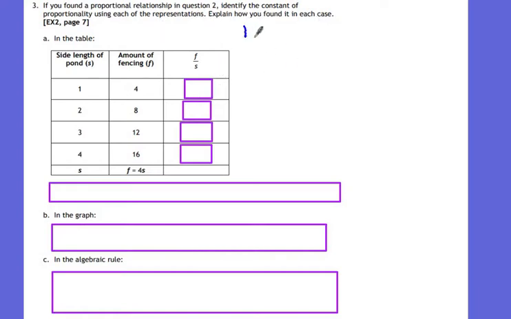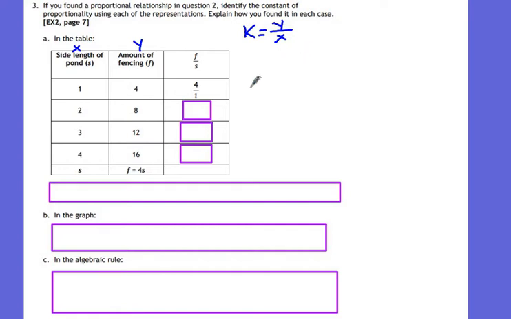To look for a constant of proportionality, we've written that to find k, our constant of proportionality, we do y over x. This column was pretending to be x. This one was pretending to be y. So we're doing f, my y, over s. So I need to write these as quotients to take a look at them. And when I write them as quotients, I see that this turns out to be 4 over 1.